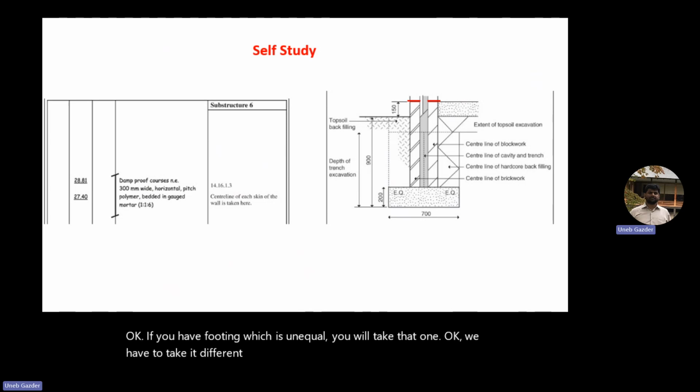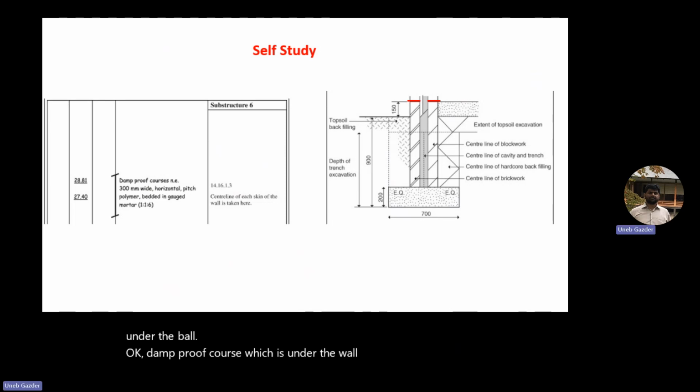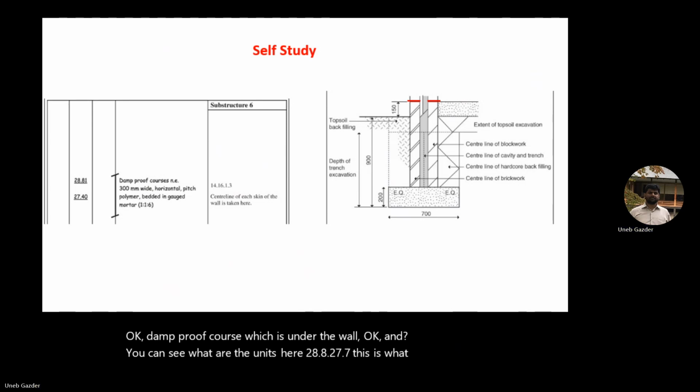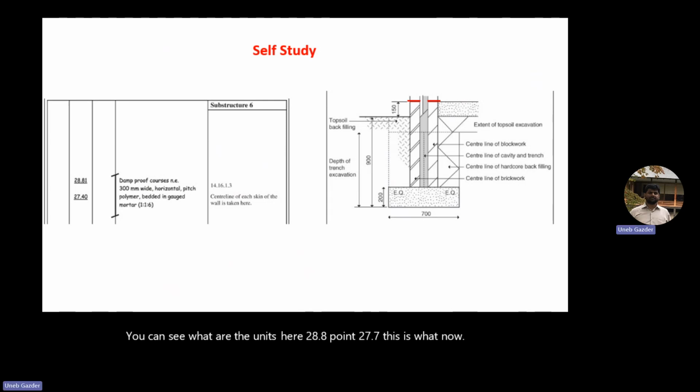Then we have damp proof course which is under the wall. You can see what the units are here. 28.8.27. What are the units? We are only taking the length, right?